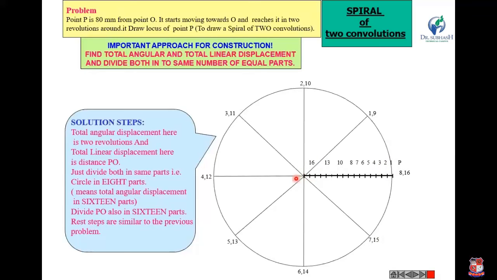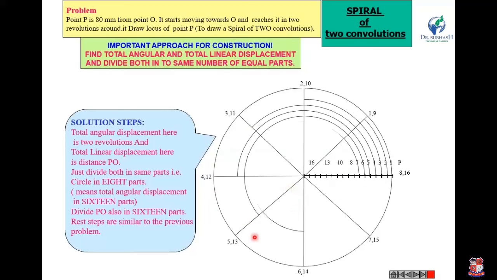Now the remaining steps remain the same as earlier. With O as a center, radius equal to O1, draw an arc. You will get the point P1 here. Similarly, O2 radius, O center, and draw an arc. Similarly O3, and you will find the different points.